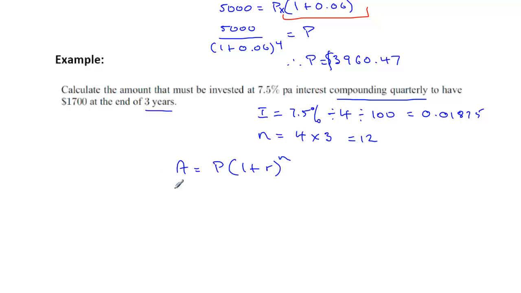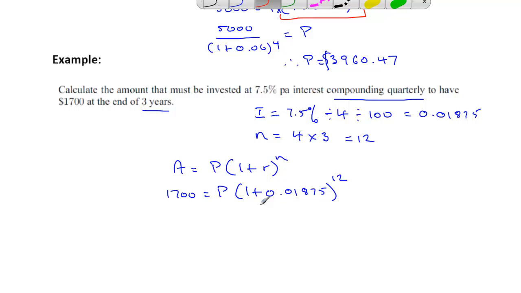We know that we want $1,700. That's what we want. The principal, we don't know. We do now know that the interest rate is 0.01875. We know that the time period of 3 years has become 12 units because of the 12 interest payments. And once again, here we go with that same pattern that occurred in the previous example. This needs to go down to the other side.